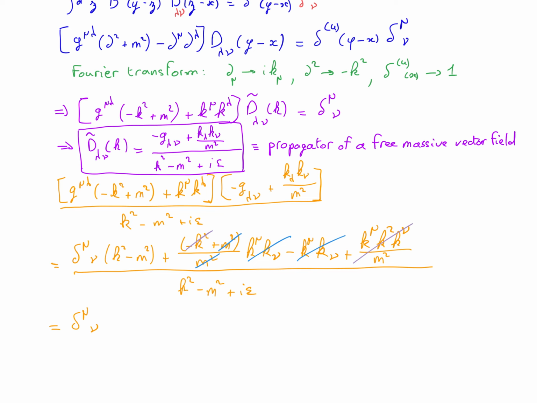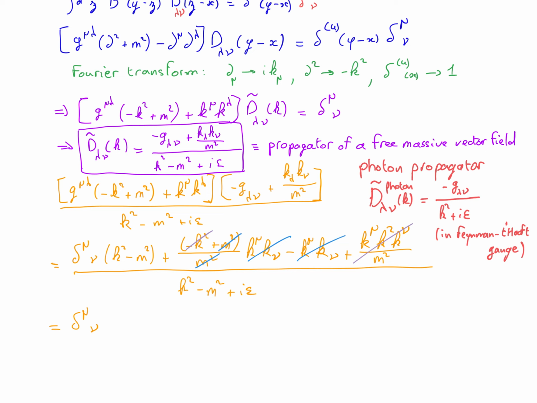We can choose the gauge in such a way that the photon propagator ends up being this expression, in a specific choice of gauge called the Feynman-'t Hooft gauge. We are not going to show this expression. We are only going to show that in some examples of physical processes, like the Coulomb interaction or Feynman diagrams later, this term does not contribute, and we can safely take the mass to 0 and therefore use this propagator for the photon.